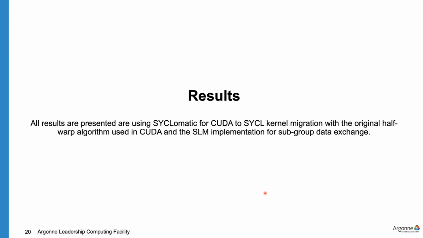So almost minimal effort using SYCLomatic, assuming you wrote some wrappers, and if something like the subgroup exchanges were a bottleneck, then something like SLM will gain pretty good performance, at least as things stand now.